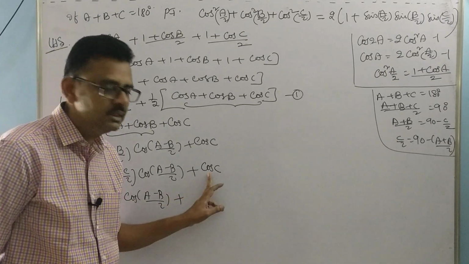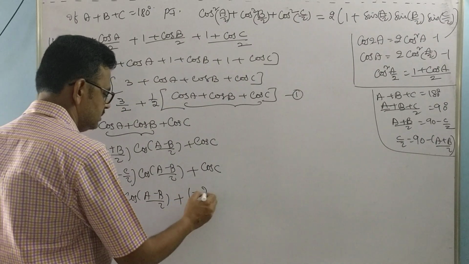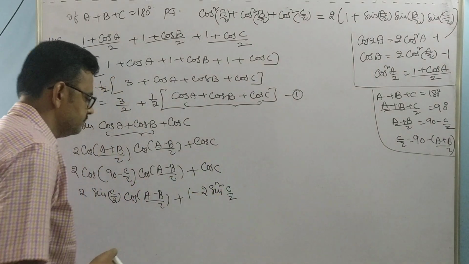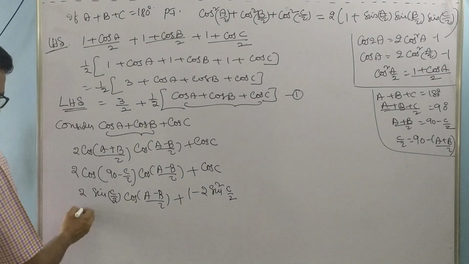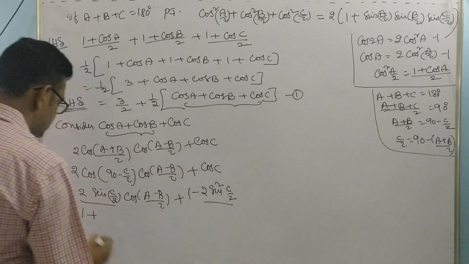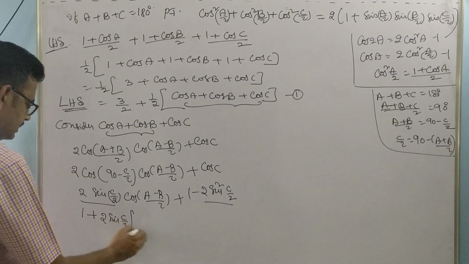now write the formula for cos C in terms of sine. So this is 1 minus 2 sin square C by 2. Now write 1 first. For these two, you can write 2 sin C by 2 taking common.